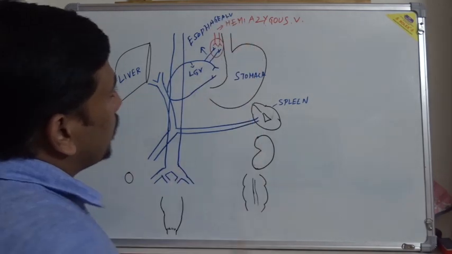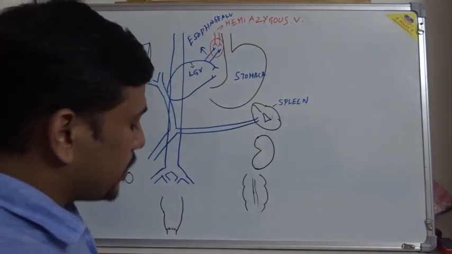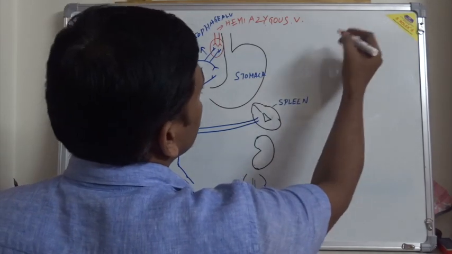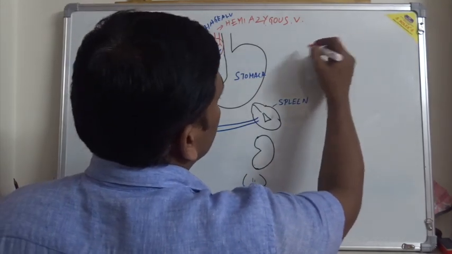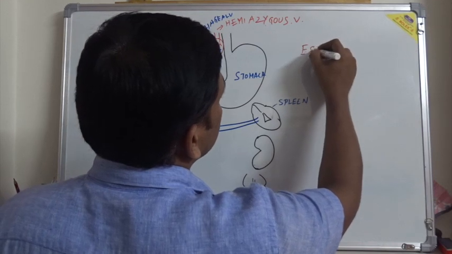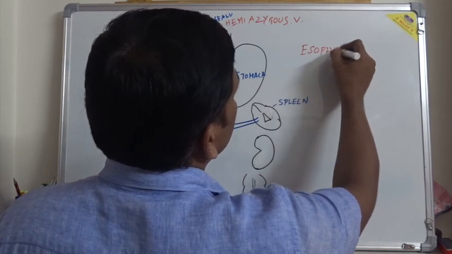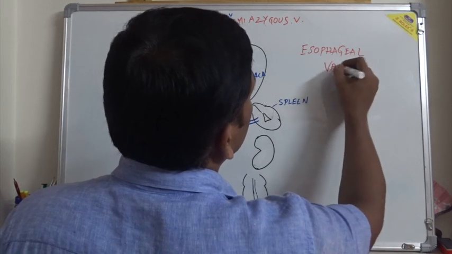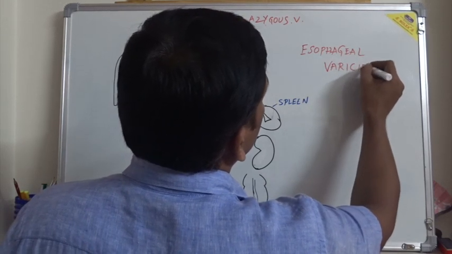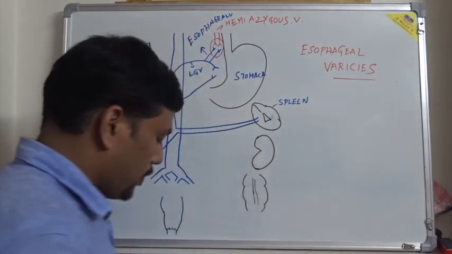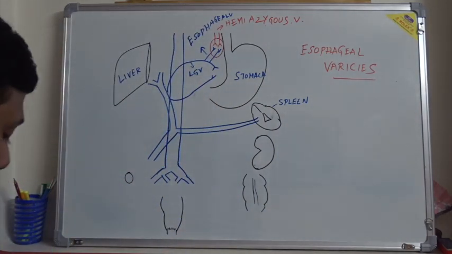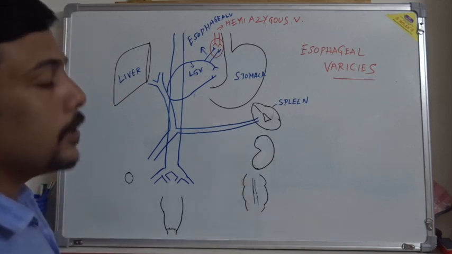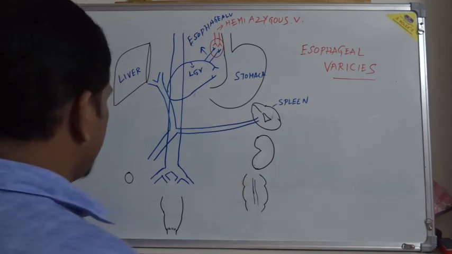When these veins get enlarged, you will have a condition known as esophageal varices. That is the first site of portocaval anastomosis.